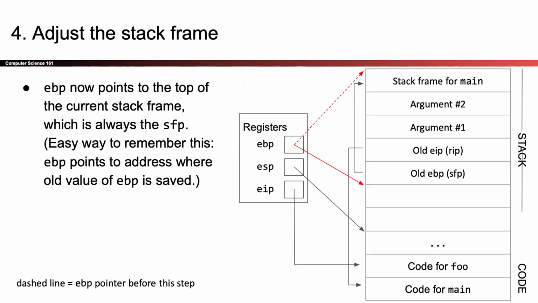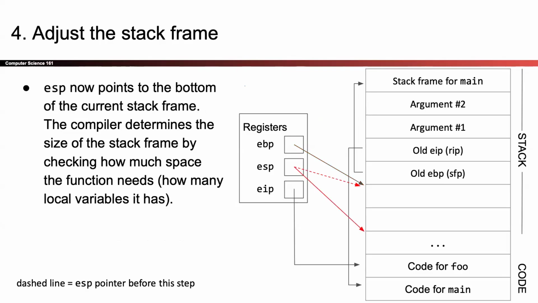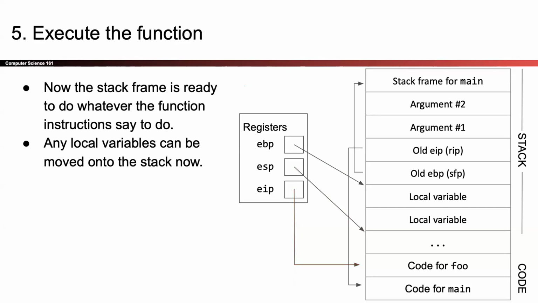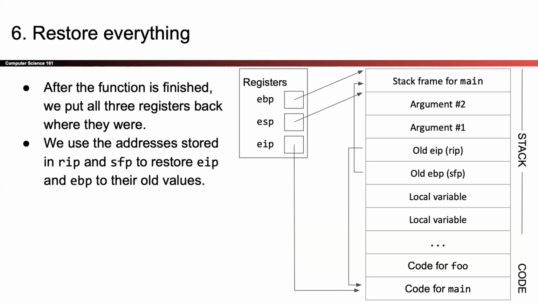EBP points to the top of the current stack frame. Then at that place, you can find the SFP, which points to the top of the parent stack frame. ESP points to the bottom of the current stack frame. EIP points to the instruction that's currently being executed, now instructions at the start of the callee. And then we're ready to go. Well, we better make some space for local variables, so we make some space in the current stack frame for local variables.